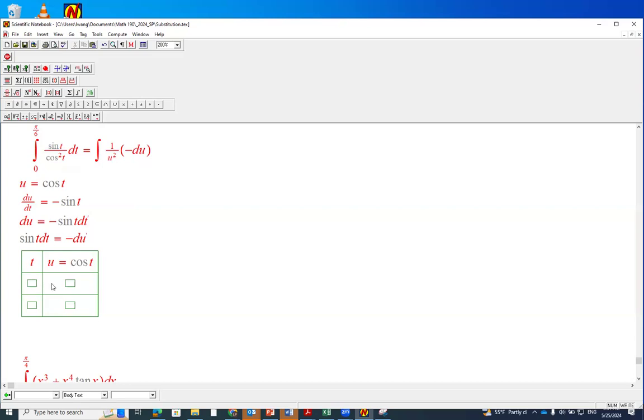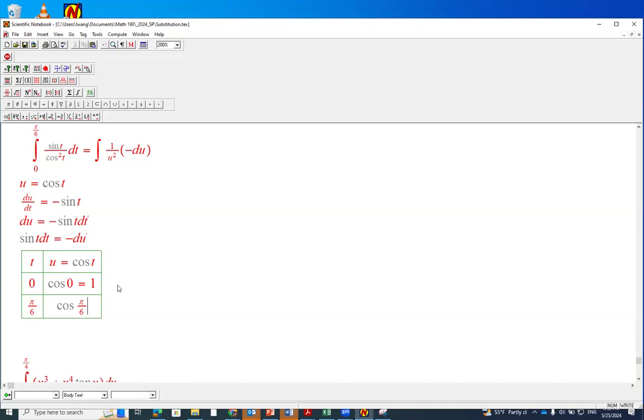Okay, so t runs from 0 to pi over 6. So when t equals 0, cosine t is cosine 0. Cosine 0 equals 1, and cosine pi over 6.